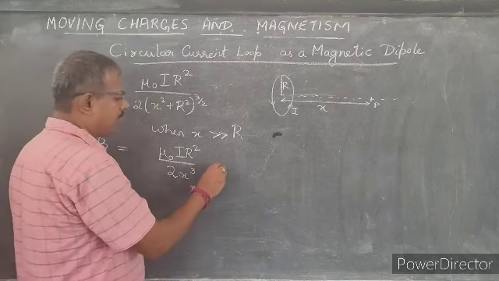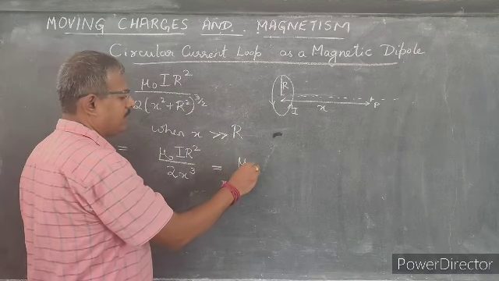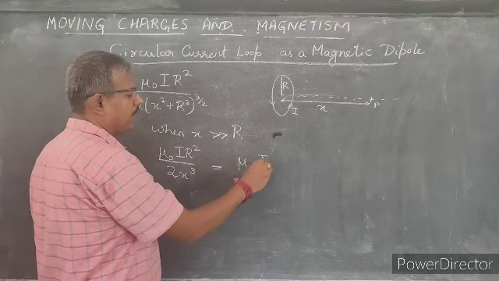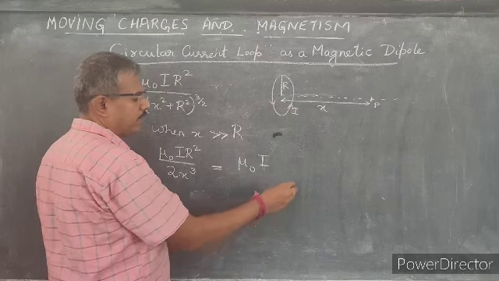Now I can also write this as mu naught I r square.